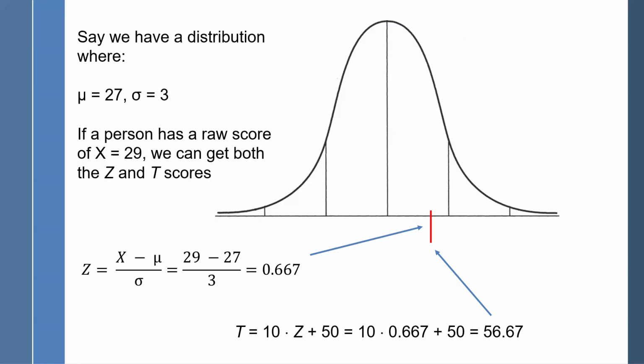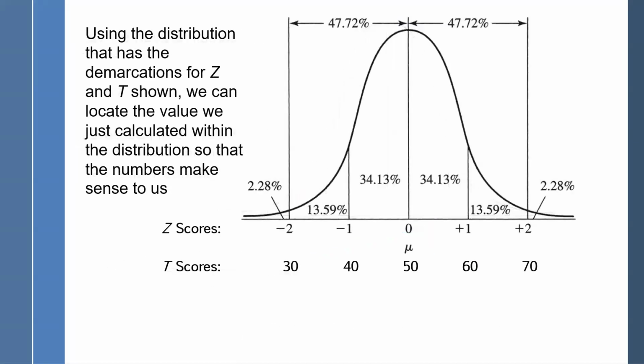Now that sounds a lot different than 0.667, but it is in reality the same thing. And the reason why is because these are linear transformations of the raw scores, and both of these systems, z-score and t-score, are doing the same thing of telling you the position within the curve that the person's score happens to be.